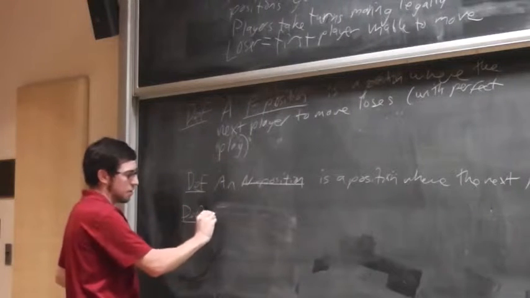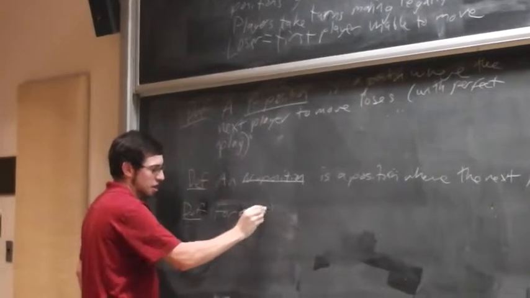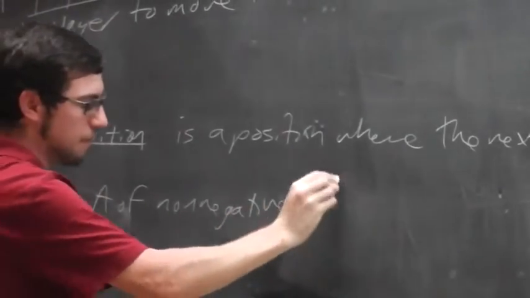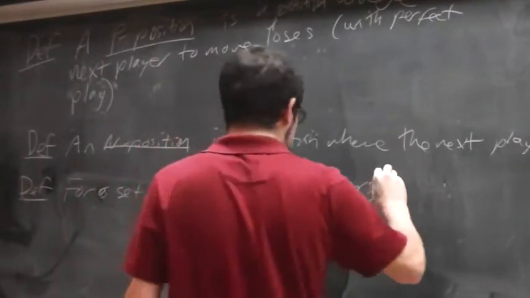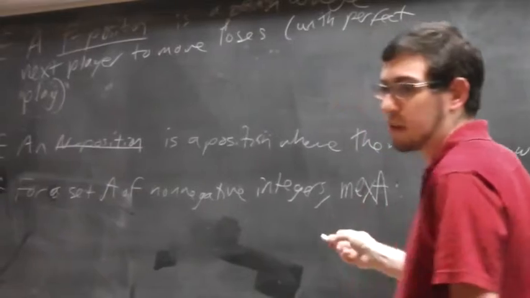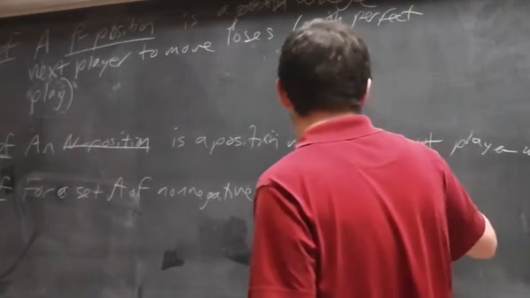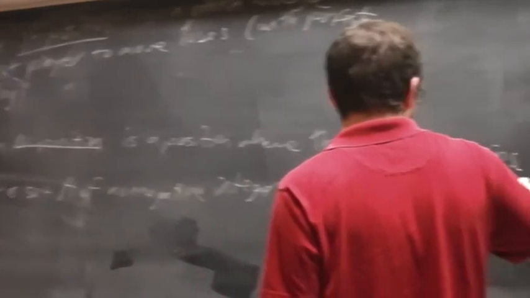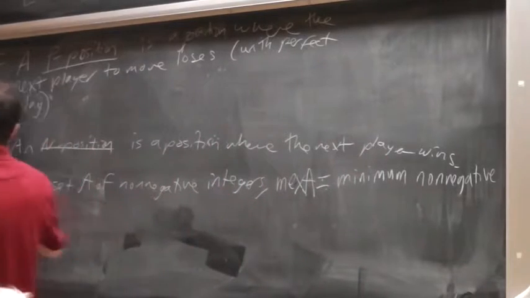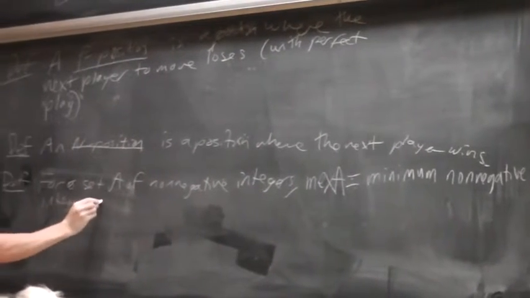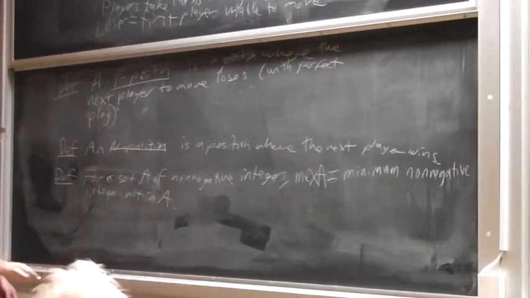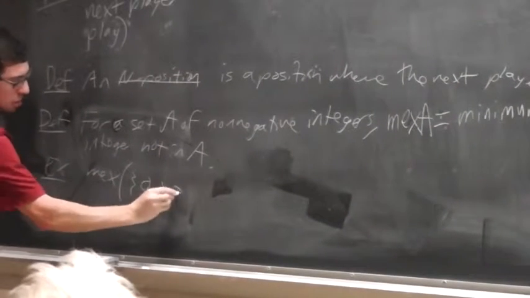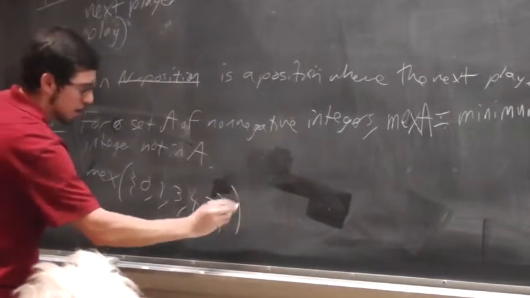So for a set A of non-negative integers, mex of A, mex standing for minimal excluded element, is the minimum non-negative integer not in A. So for example, mex of {0, 1, 3, 4, 7} equals 2.